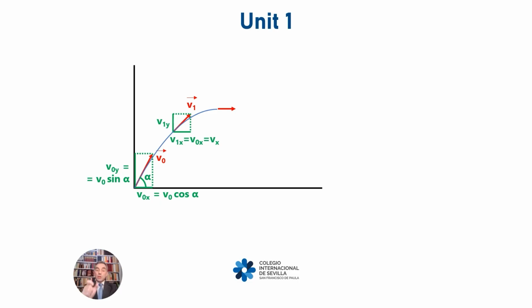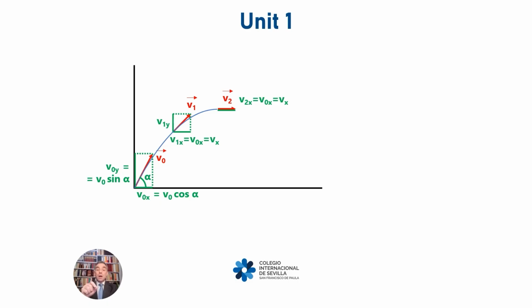We will call that V2. Again, V2 with a small arrow, never forget the arrow. When we project V2 on the horizontal axis, as it is horizontal, the length of the projection equals the length of the arrow because they are parallel. So V2x equals V0x equals Vx, which does not change.